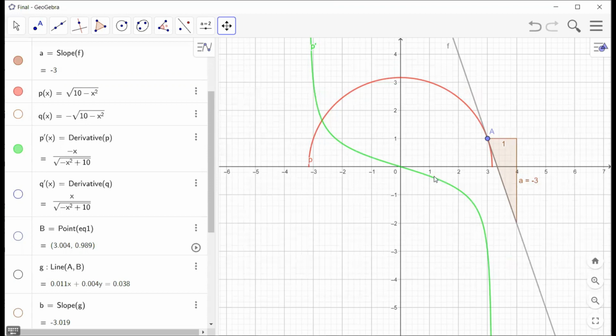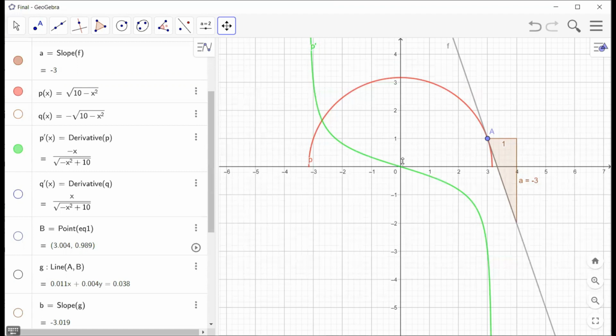So by zooming in to get the slope of the tangent, the answer will be -3. If we make the secant and make the other point approach A, the slope will be -3. If we ask GeoGebra to calculate the first derivative at x equal 3, the answer will be -3.